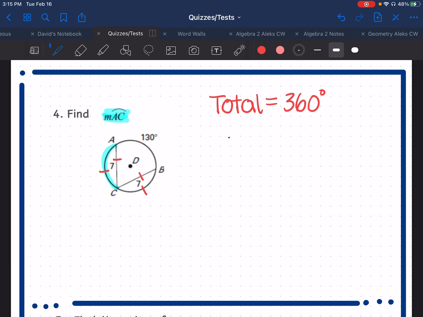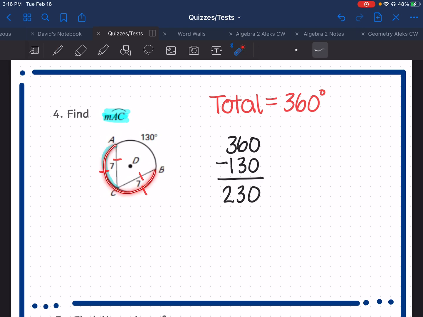So I'm going to take 360, the whole circle, and take away the 130 that they say is right here from A to B. That would leave me with 230 degrees. This 230 degrees is all of this. Since these two arcs are the same, all I have to do is divide 230 by 2 to get my final answer of 115 degrees.